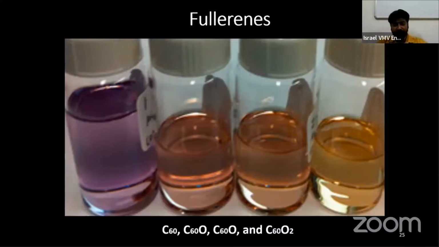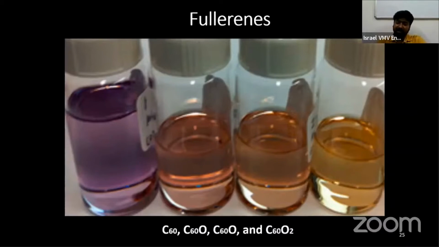And here is where you find the fullerene molecule in solution. Fullerene is a carbon 60 molecule. I showed something like a soccer ball. And you find that difference in the color, and that again depends on the number of carbons in the material.